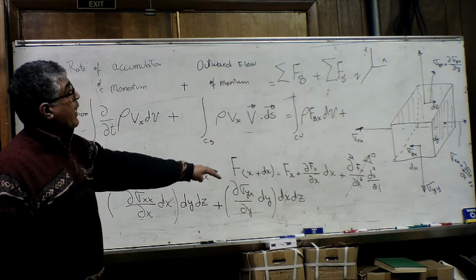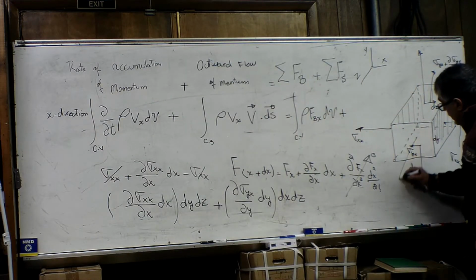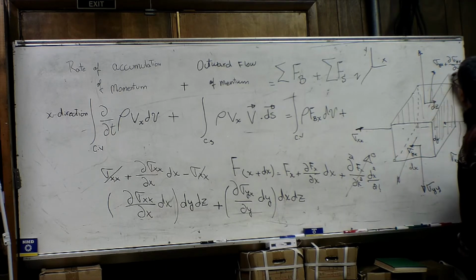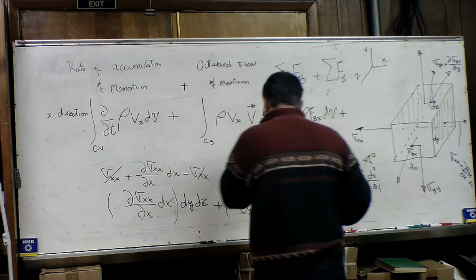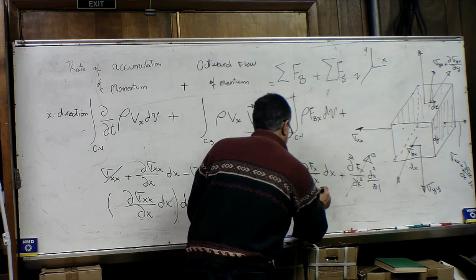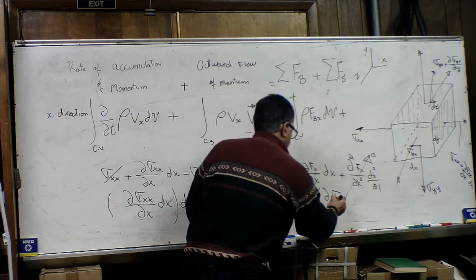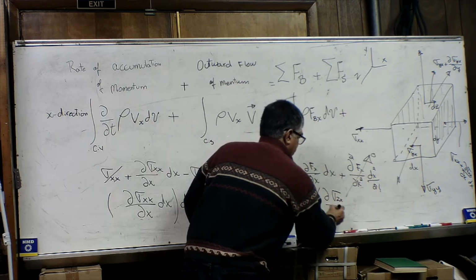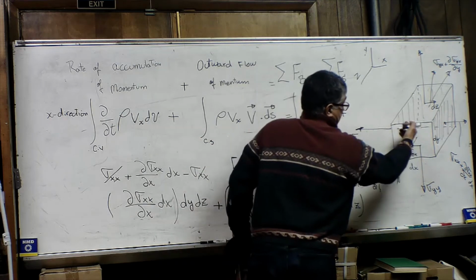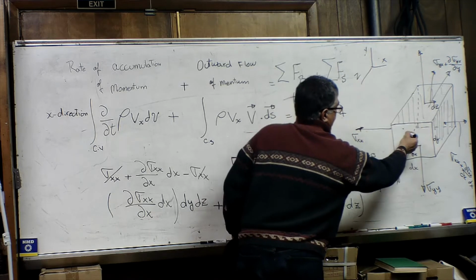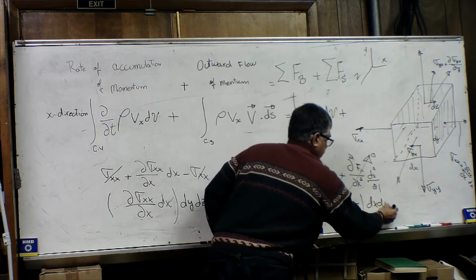And in the same manner for this stress in z direction, this will be plus the partial derivative of sigma zx with respect to z, dz, multiplied by this area, which is dx dy.